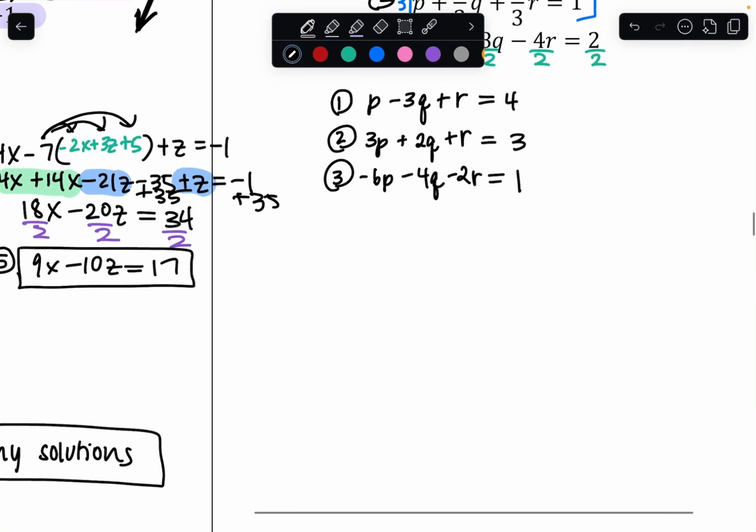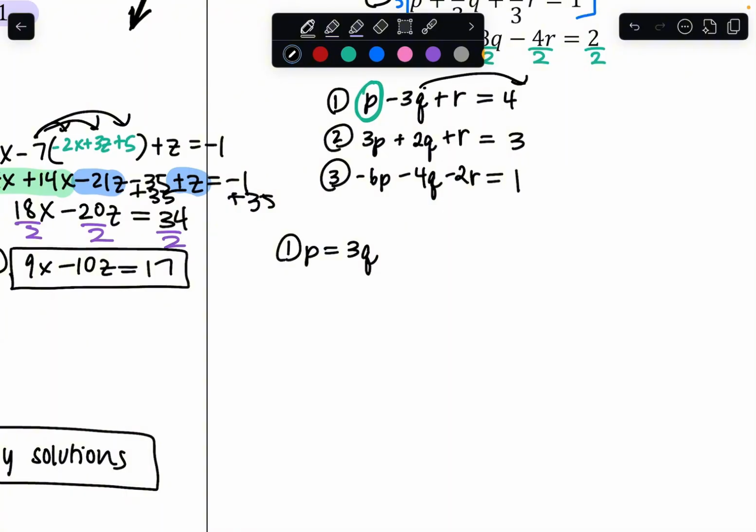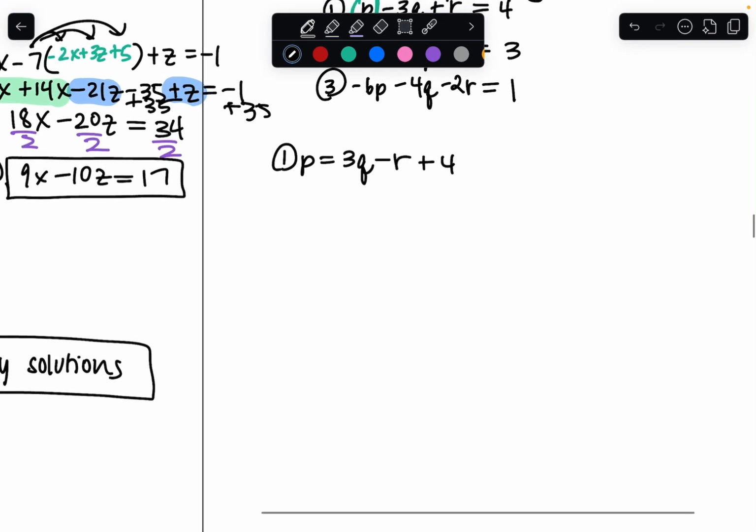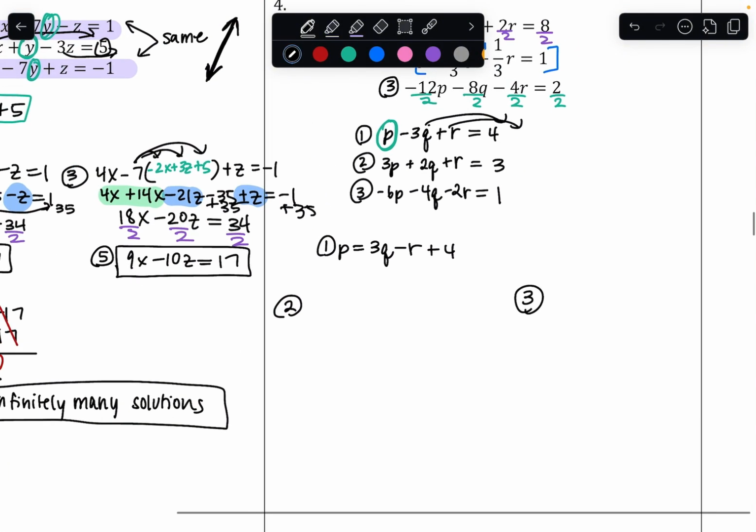Okay, so now we can pick a variable to solve for. I'm going to pick equation 1. P would be easy to solve for. Move the other terms to the other side and be careful doing that. That's easy to mess up. So 3q minus r, and then plus 4. And then write down equations 2 and equations 3 without p.